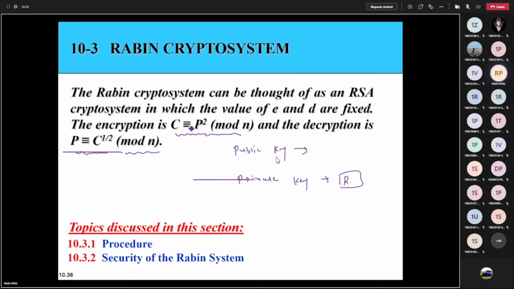The Rabin crypto system can be thought of as an RSA in which the values of E and D are fixed.